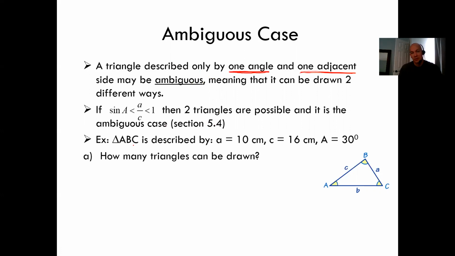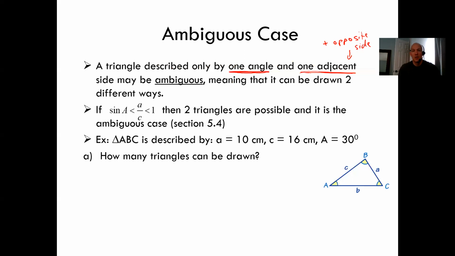So example, triangle ABC is described by a equals 10, c equals 16, and then A equals 30. So what we have here is, I know up here, a triangle described by one angle and one adjacent side. We also need another side. So this is actually the opposite side. I think maybe that's sort of almost missing there, right?